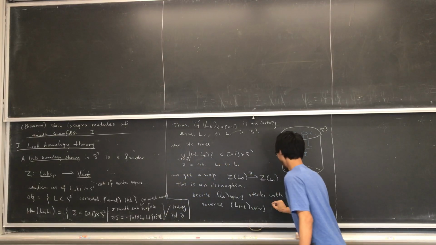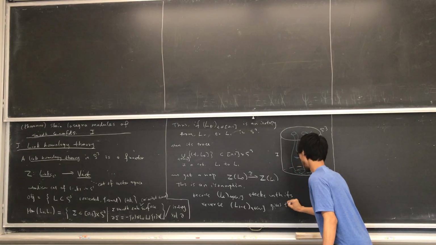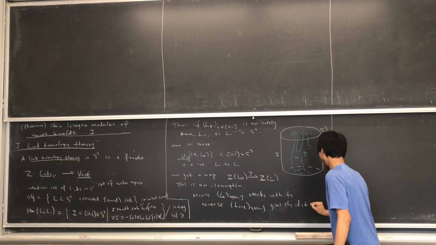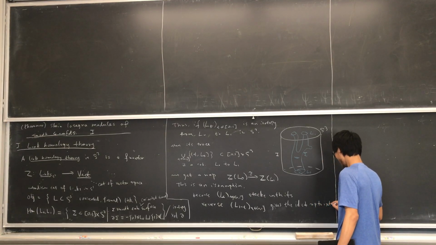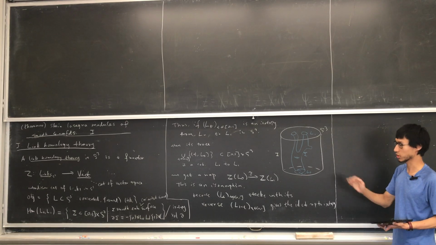This gives the identity cobordism up to isotopy, as you can check by some method.